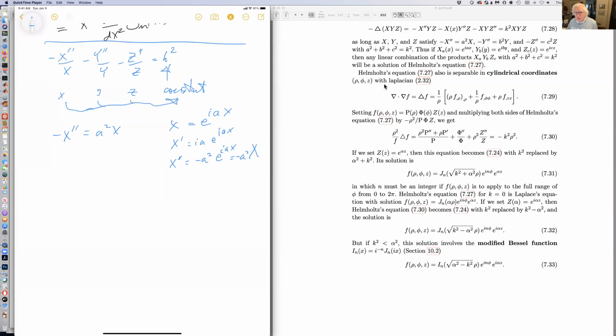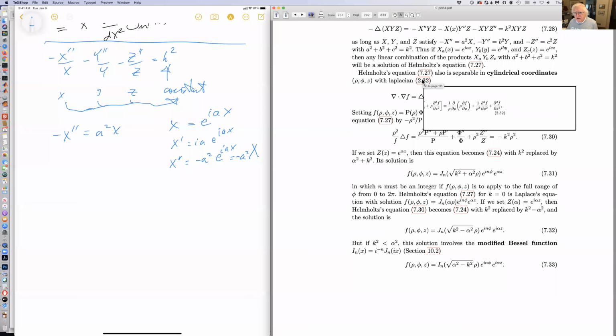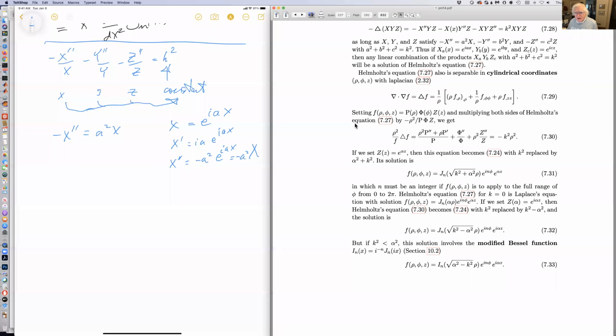That was worked out here. And so we set f equal to rho of rho, phi of phi, z of z. And then we multiply both sides by minus rho squared over rho phi z, and we get this expression.